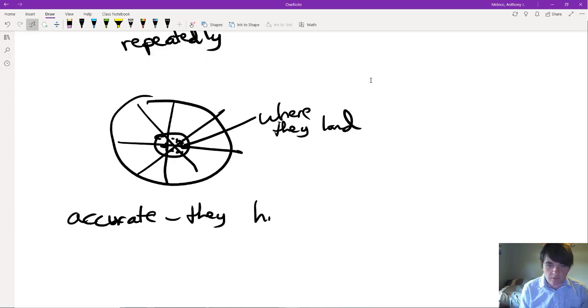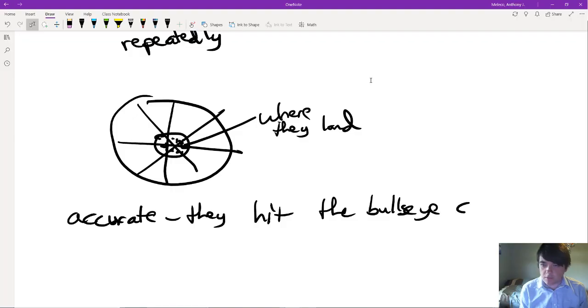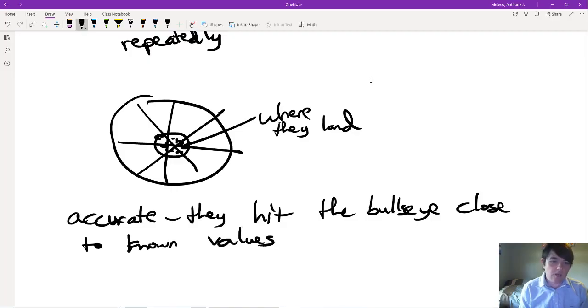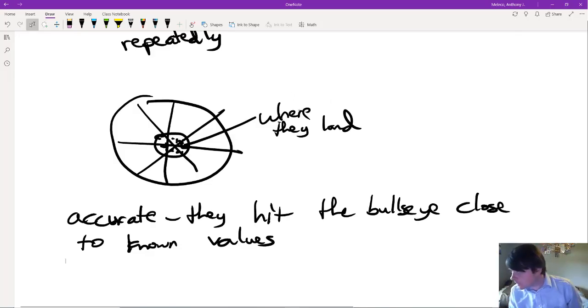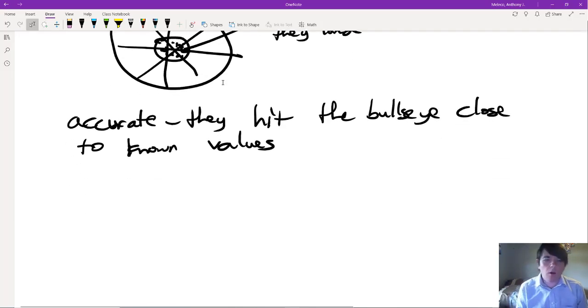They hit the bullseye close to known values. Okay, so that's the difference between accuracy and precise. Okay, a lot of people get those confused.